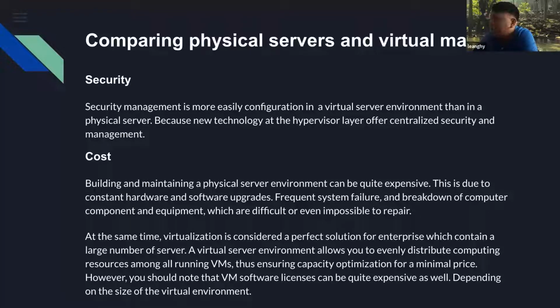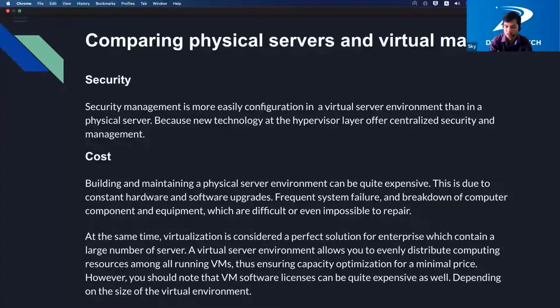So if we have 2 CPUs with 32 cores, and each core has 2 threads, then that server has 128 threads, which means we can assign 128 vCPU to that VM. So you get it? vCPU is virtual CPU, defined by the hypervisor. I see, yes.